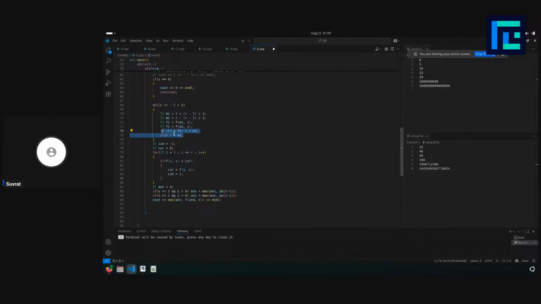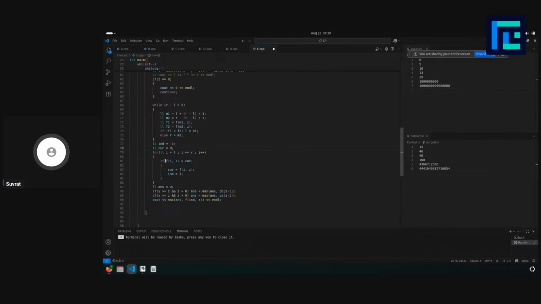If F2 is less than F1, then R is equal to M2. So I have reduced the search space while R minus L is greater than 5, and once R minus L is less than or equal to 5, I can individually check all the points to find which point has the maximum.